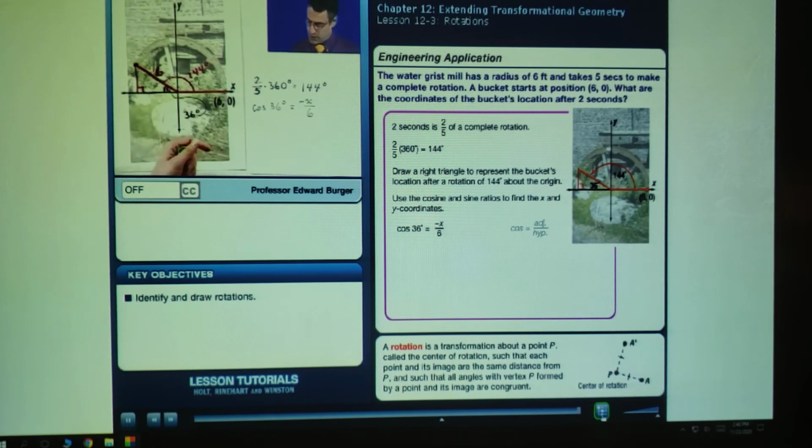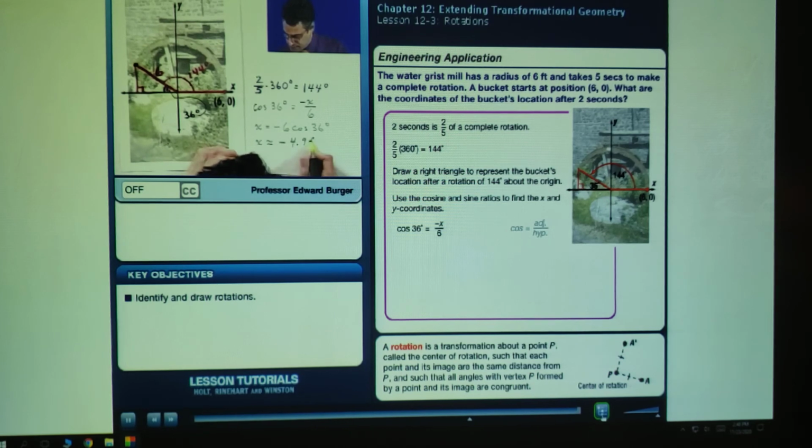Well, now solving for x is easy. I multiply everything through by 6, and then everything through by -1. And I see x equals -6 cosine 36 degrees, which we can use a calculator to estimate. Well, you can't estimate exactly, but you can estimate. And so I see x is approximately -4.9 feet.